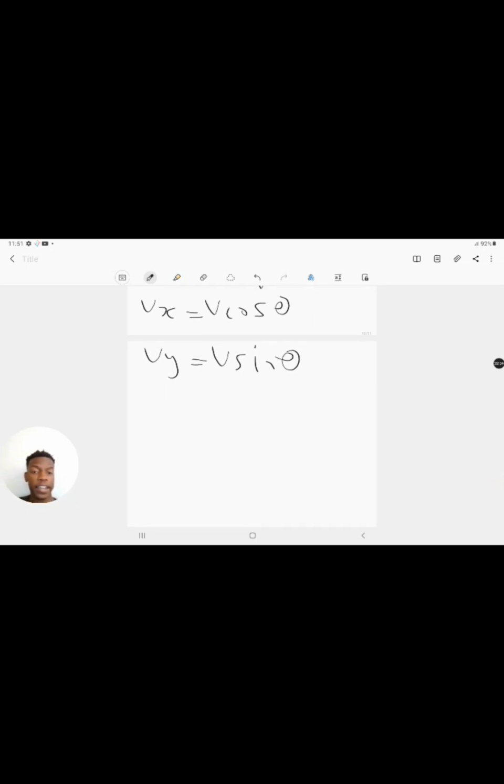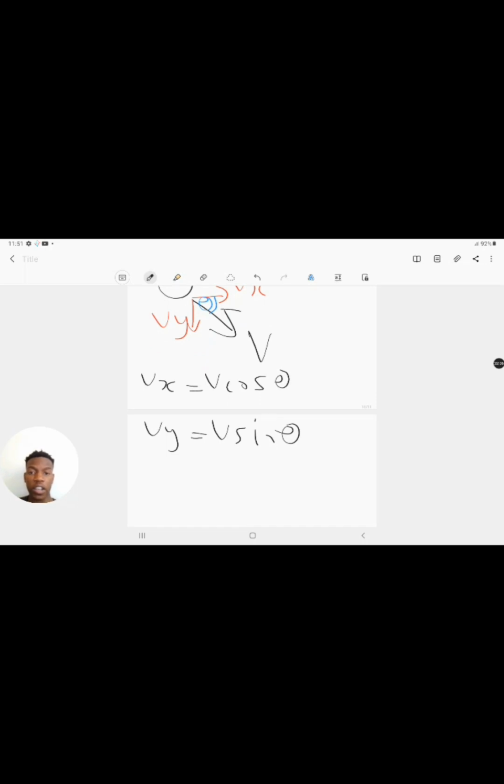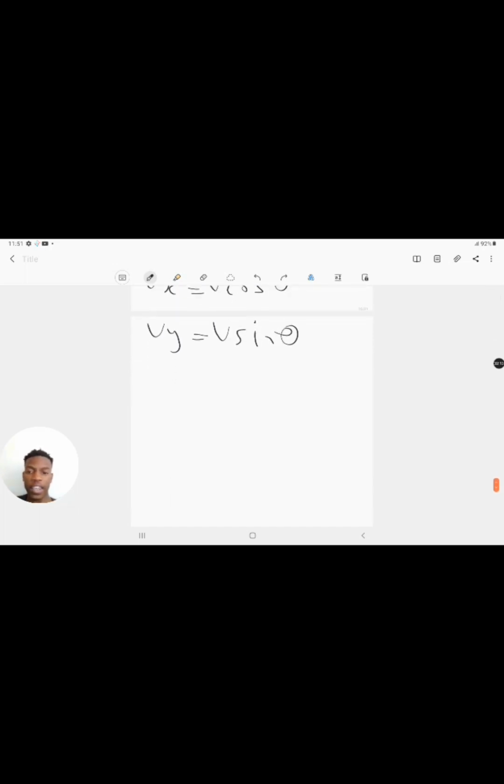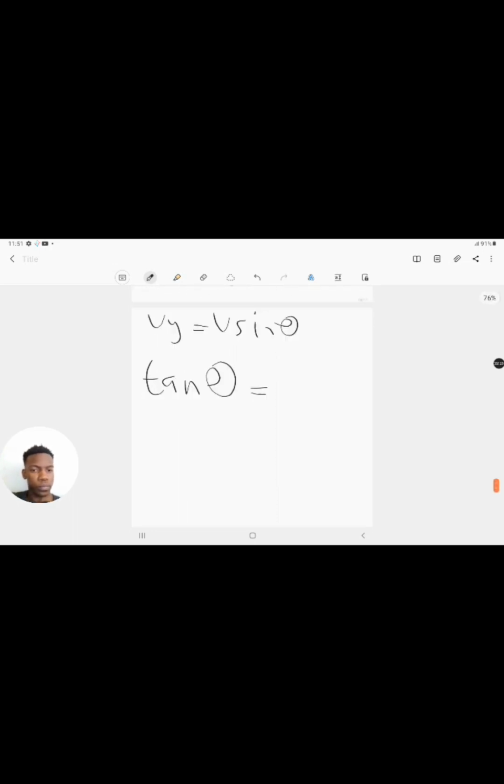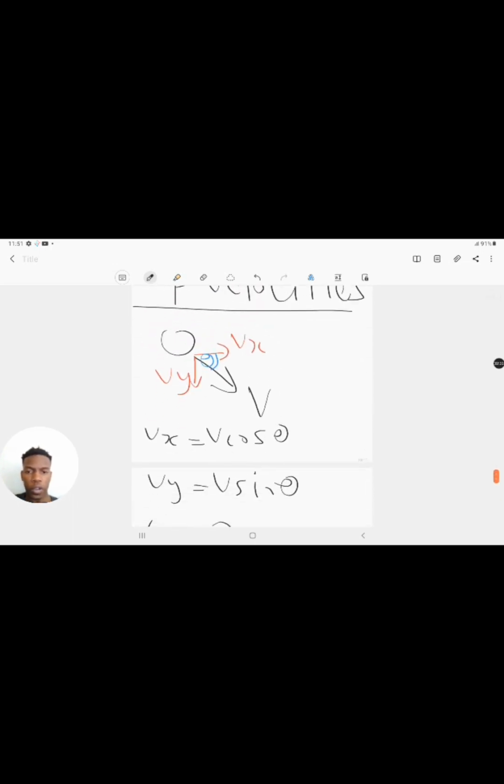And in order to find that direction, say this direction was not given to us, then what we would have to say is tan theta. It's trigonometry. Remember, tan theta is equal to, if you go up there, the ratio of that and that.